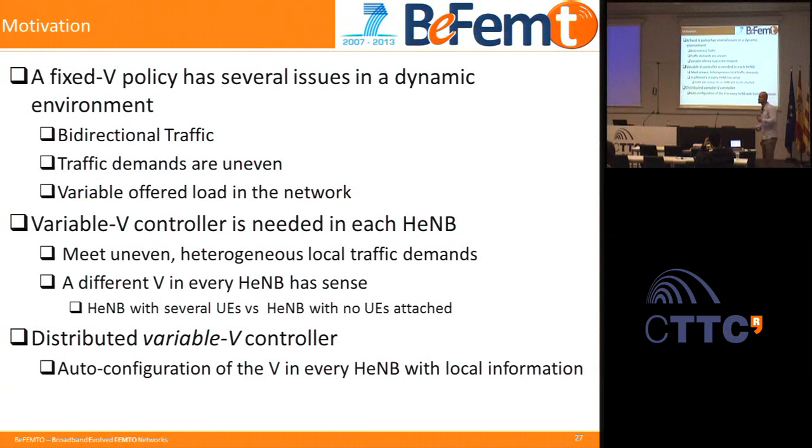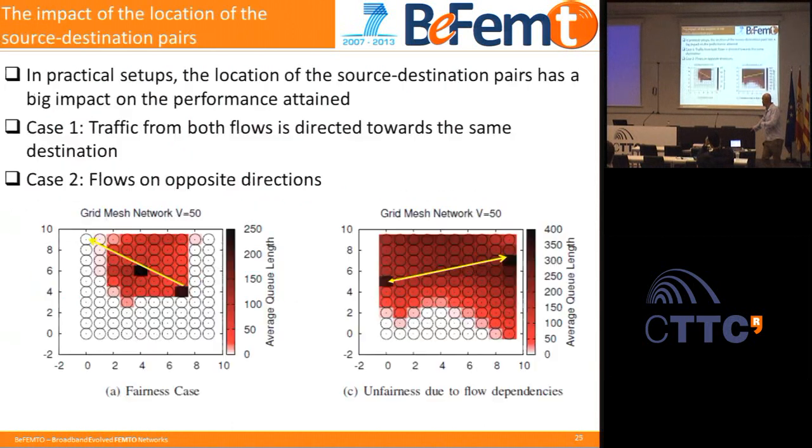Network coding. Did you assume also that when you have bidirectional traffic, you can use network coding, so you can avoid that problem with traffic congestion? Yeah, but the problem is that here we have a flow going to this node, and this node is injecting a flow to this node.